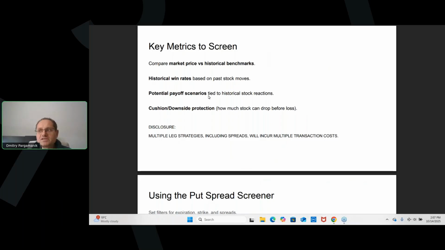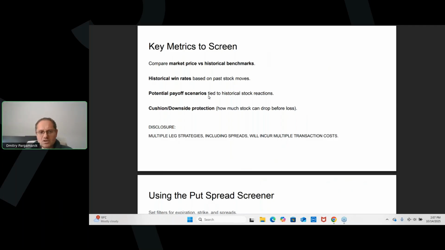We have this market price, so we know where you could buy or sell something, and you want to compare it to some benchmarks. We're going to look at historical benchmarks for a similar spread that was valued and how far they deviate.